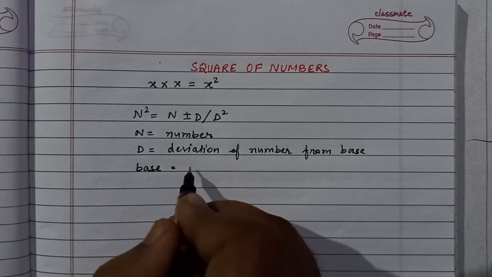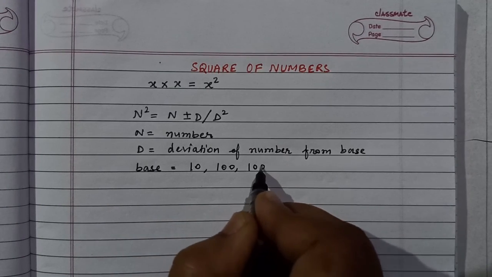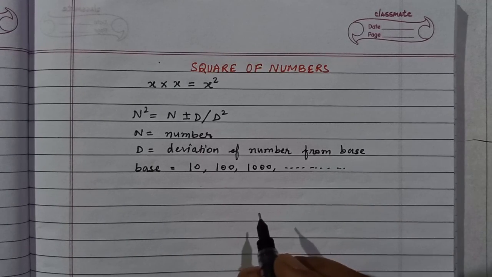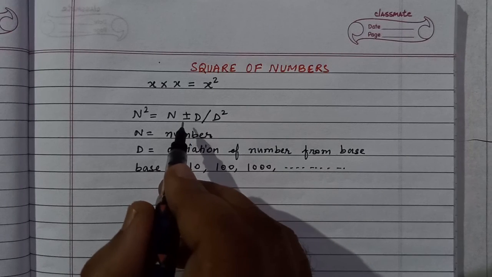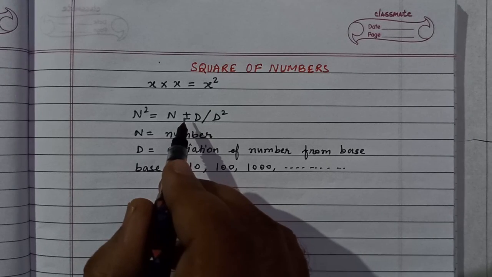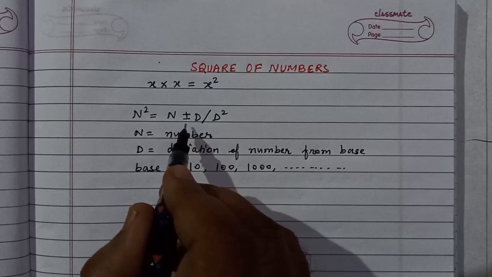Base is 10, 100, 1000, and so on. In the formula, we use the plus sign if the number is greater than the base, and the minus sign if the number is less than the base.